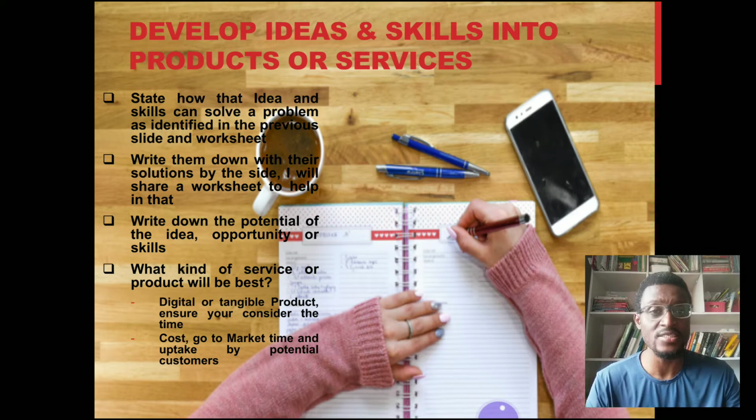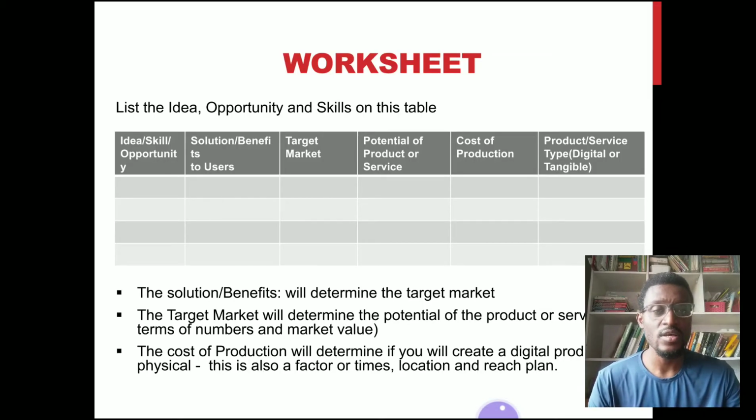So it's going to be a tangible or a digital product. You need to also consider maybe the cost, the market, time, uptake, and potential customers who are going to take up this particular product. All right, so you can see the worksheet I've designed. You can develop on this and expand on what you want to put there.